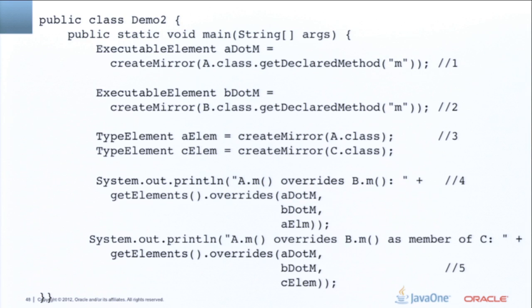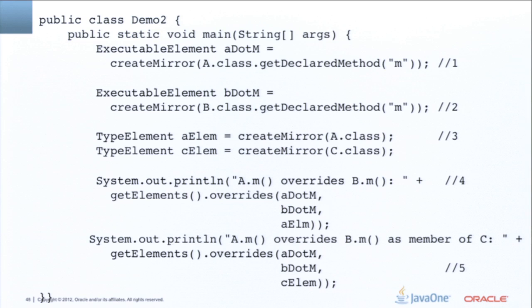And then you get the two type elements. On line 3, you get the type element for class A, and then you get a type element for class C. So when you do this query, for example at line 4, if A.m overrides B.m, first you put on your "I am class A" hat, and then clearly it does not.